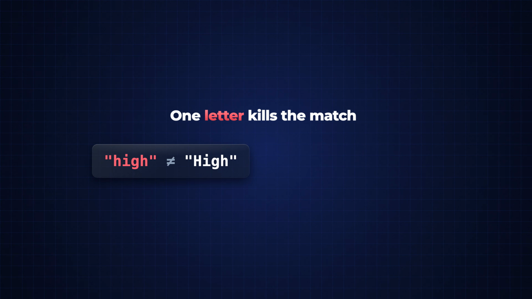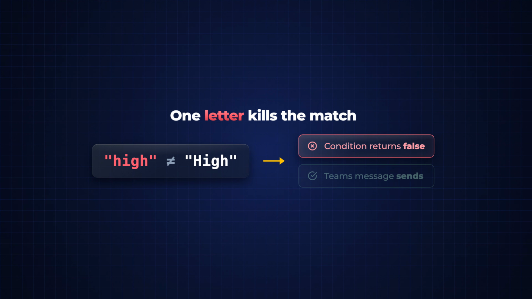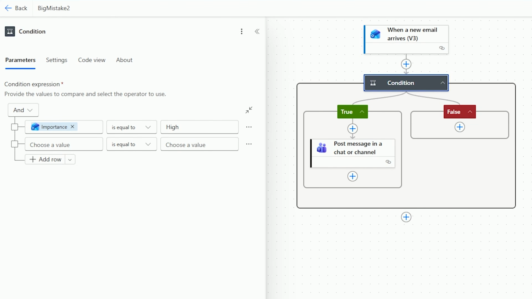It might come through as a different casing, like it might be a case sensitivity issue where the word high has a lowercase h instead of the capital H needed for the high importance, or there's some other sort of mismatch with your data. So what we have to do instead is just move that importance filtering to your trigger. Remove it from your condition entirely, okay?